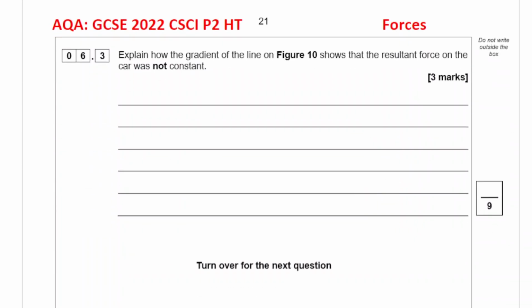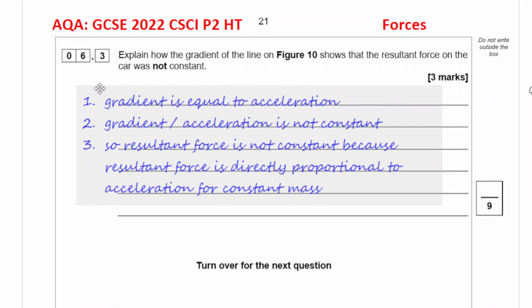So remember, in a velocity time graph or speed time graph, the gradient is equal to the acceleration. The gradient or acceleration is not constant, so resultant force is not constant because resultant force is directly proportional to acceleration for constant mass.